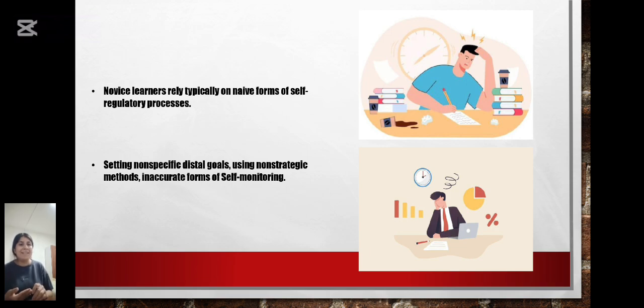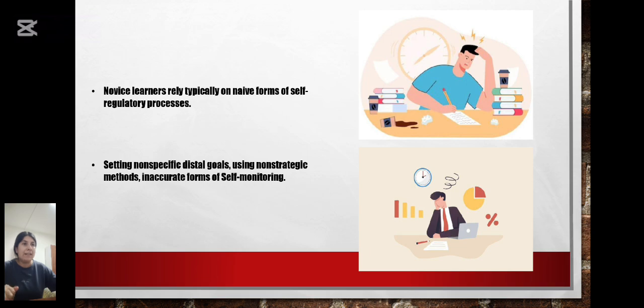They are not as good as the effective ones because they are not setting specific goals, they do not use good methods to achieve these goals, and they cannot even monitor themselves in the right way. So there are still things that they have to improve by this time.